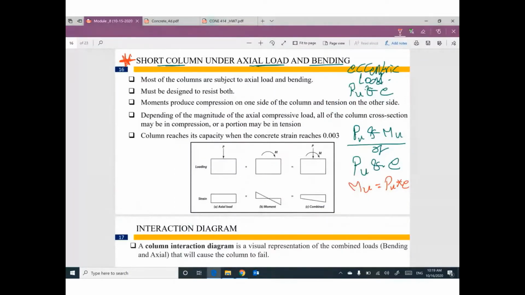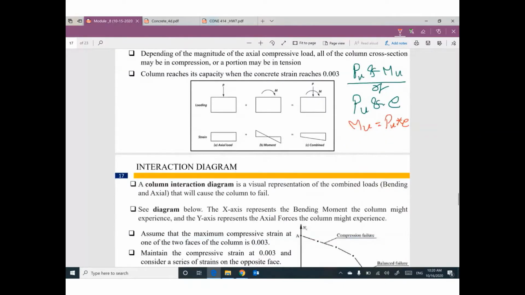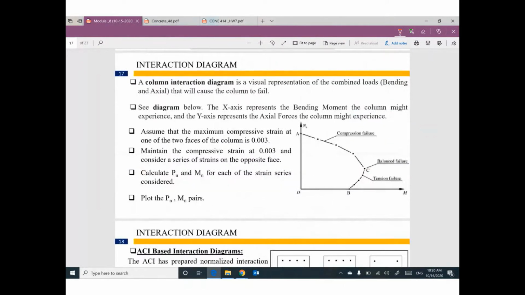So if you have eccentric load or moment, we need to use something called an interaction diagram. This interaction diagram is a relationship between the applied moment and the applied normal force. What do I mean? I mean this concept.